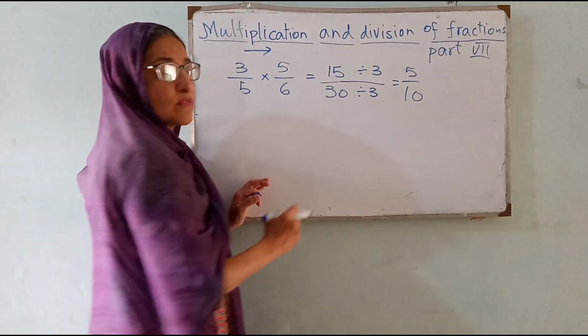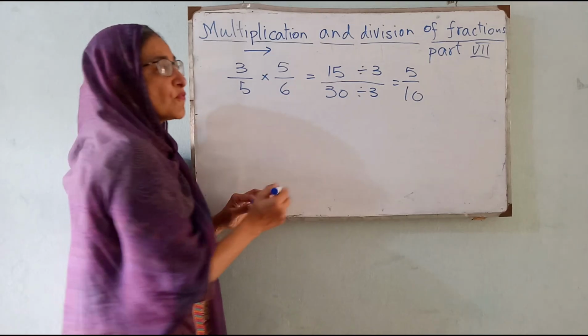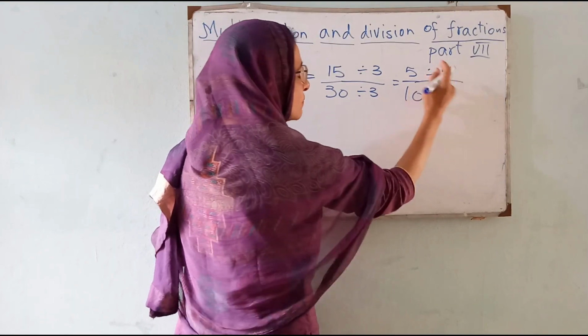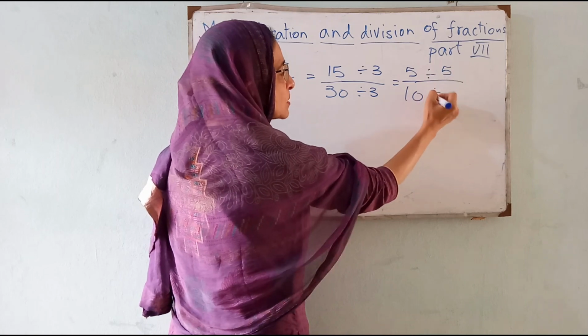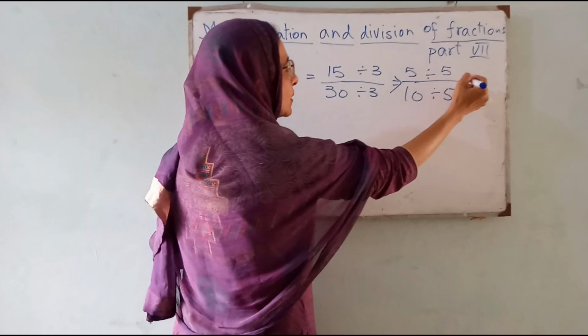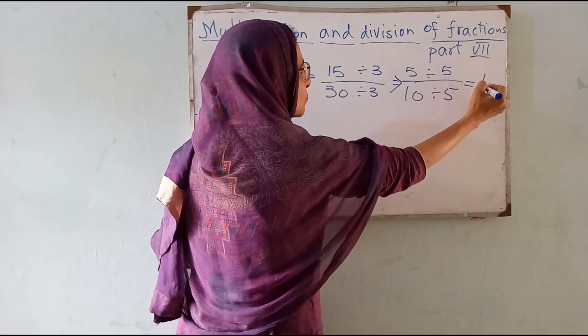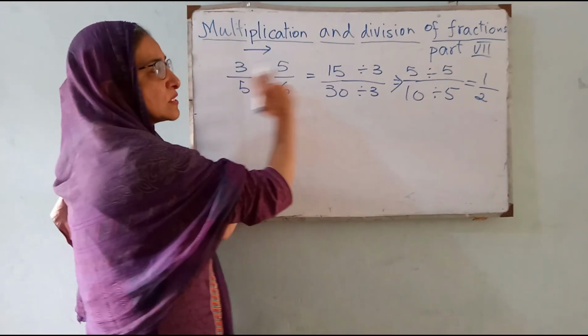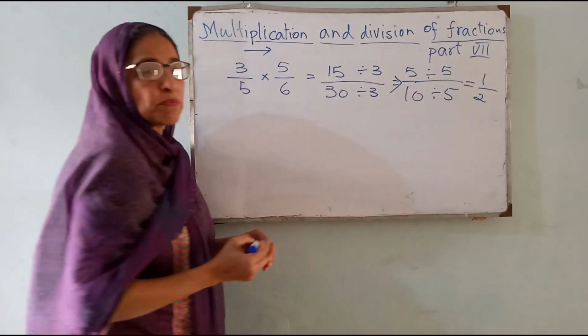Once again, 5 and 10 come in the table of 5. So you have to divide by 5, and whatever you do in the numerator, do the same in the denominator. 5 divided by 5 is 1, and 10 divided by 5 is 2. So for this question my answer is coming as 1 by 2.